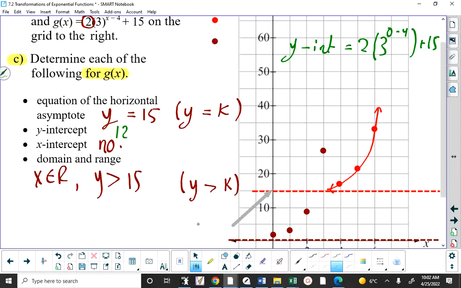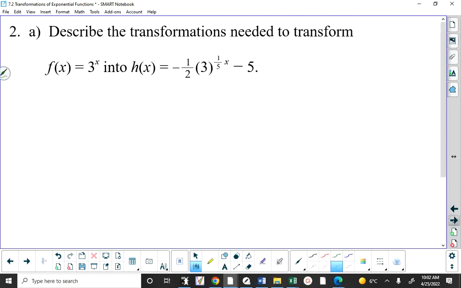So 1217 over 81. Let's take a look at the next example.